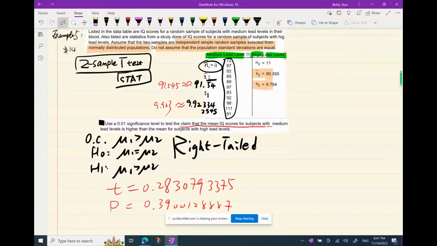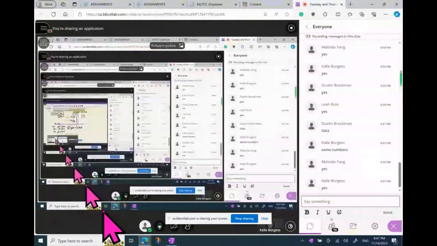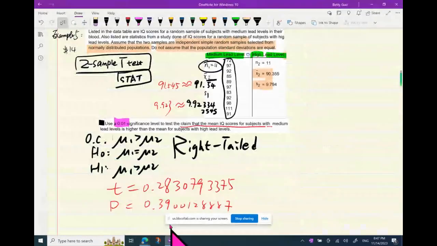Do you have the same thing, guys? Yeah, my p-value is pretty high, almost 40%. Compare with the given significance level, 10%. We are going to fail to reject the null. Awesome. Yeah, fail to reject the null.